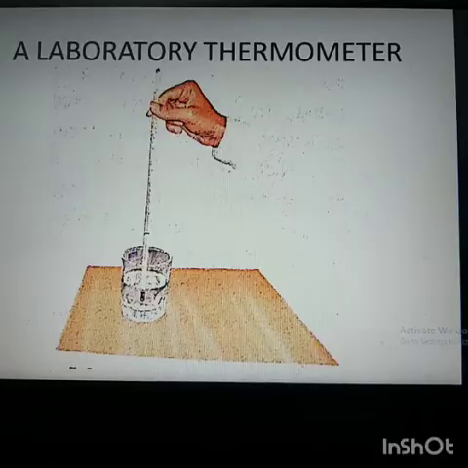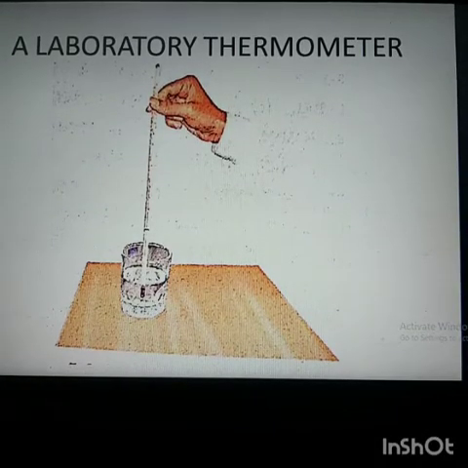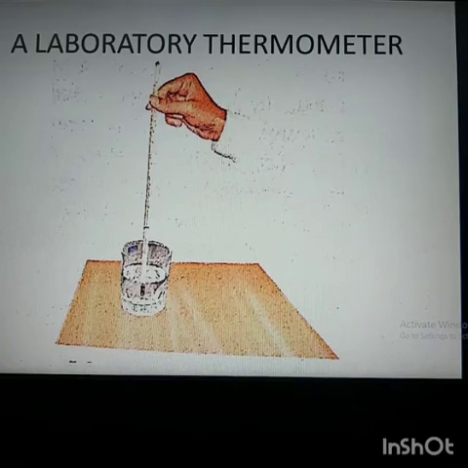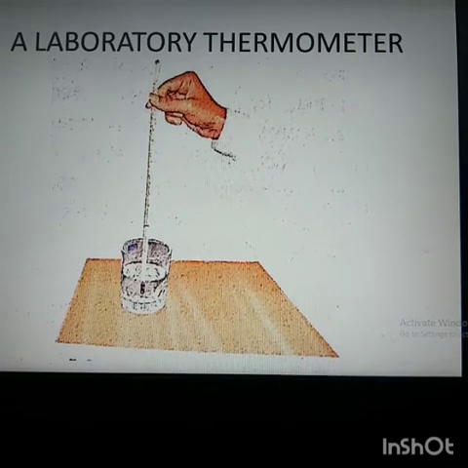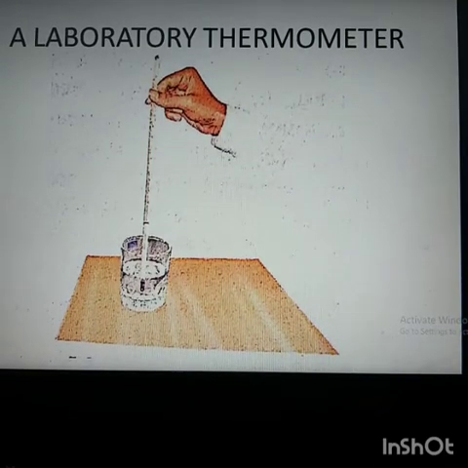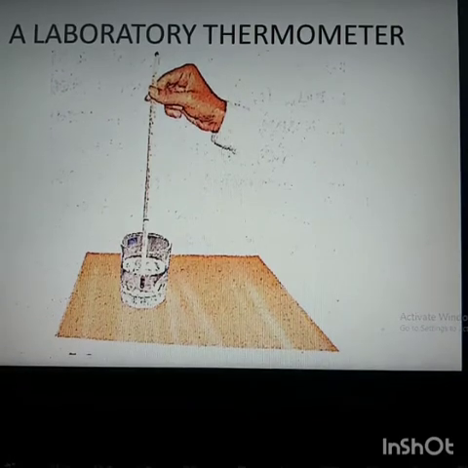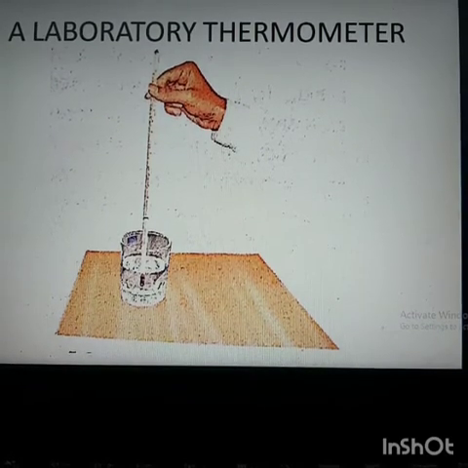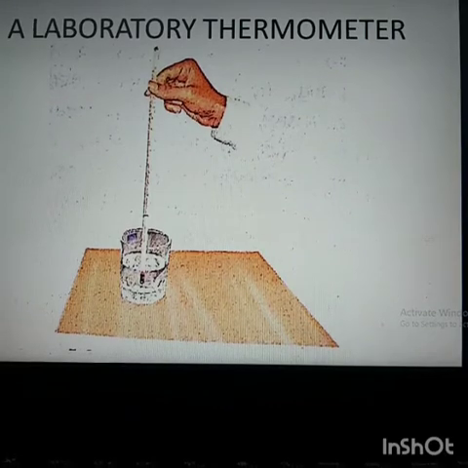The commonly used laboratory thermometers range from minus 10 degrees Celsius to 110 degrees Celsius. This is a laboratory thermometer, which is used in laboratories to measure the temperature of solutions or water or anything which we want to use before conducting an experiment.